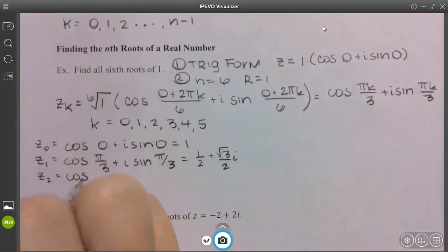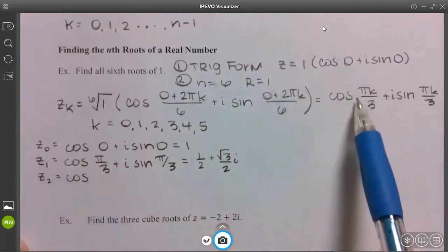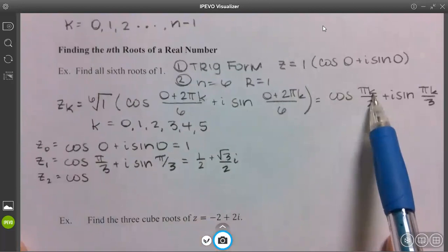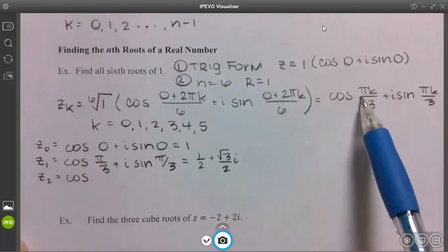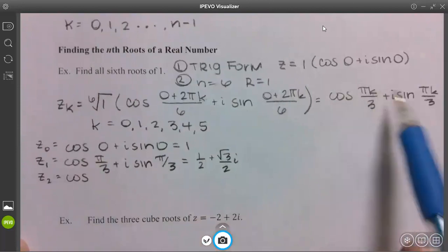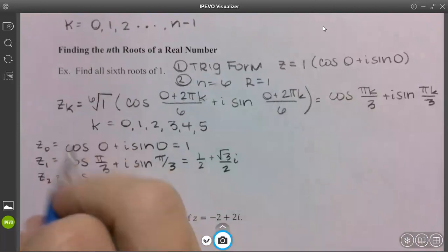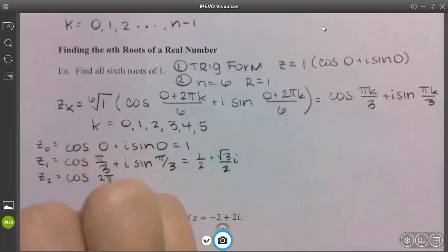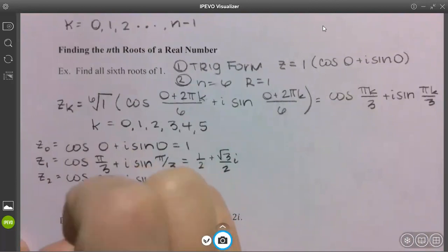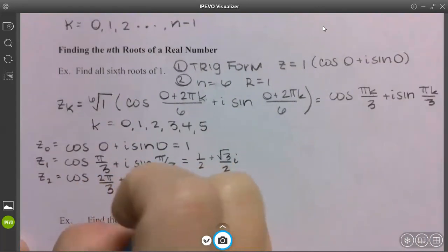The next one, we're plugging in 2. So 2k is 2 pi over 3, plus i sine 2 pi over 3.